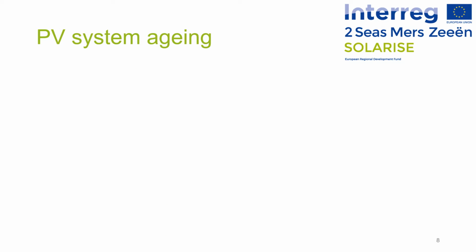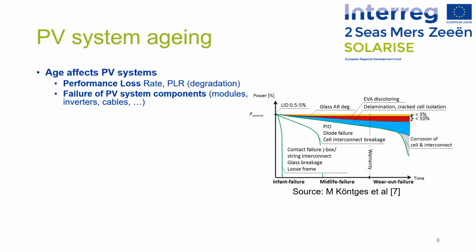PV systems age, they get older, and that age affects the PV systems. One of those aspects is the performance loss rate, PLR, or degradation, which is the decrease in efficiency of PV modules and PV components in a system. And that reduces the energy yield of those systems over time.